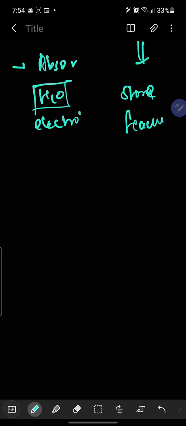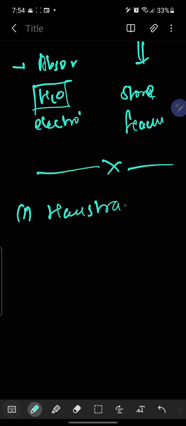Now, the movement patterns in the large intestine. When food reaches the large intestine, the movement is called haustrations. So what is haustrations? In the large intestinal wall, both circular and longitudinal muscles are present.